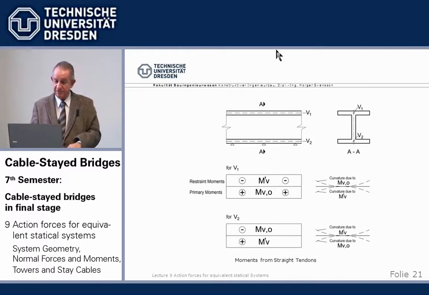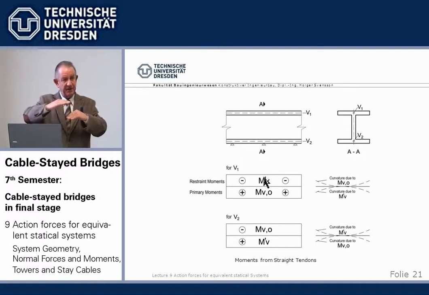And if we post-tension a beam with straight tendons on rigid supports, then the moments from eccentricity, which we caused, MV0 at my time, from eccentricity and the restraint moments we used to call MV prime, they just balance one another.